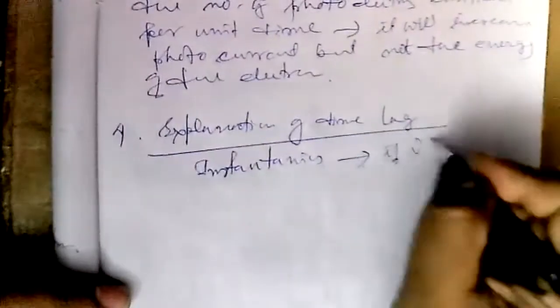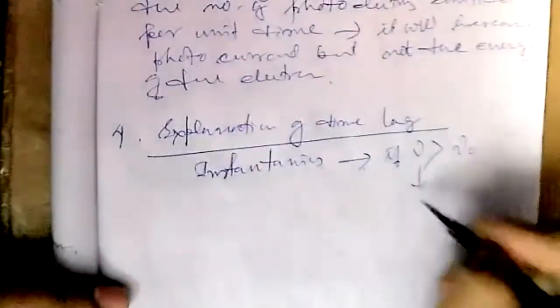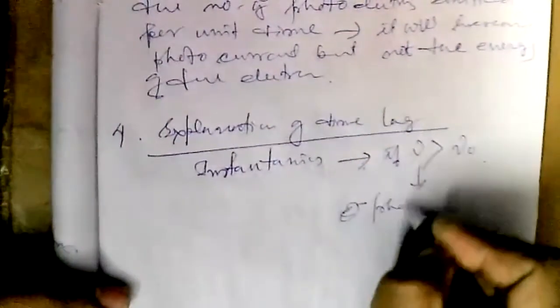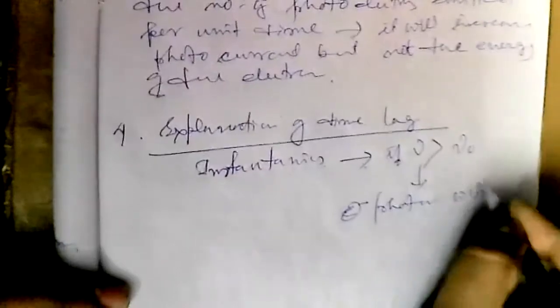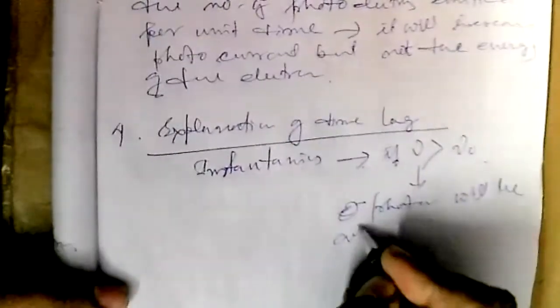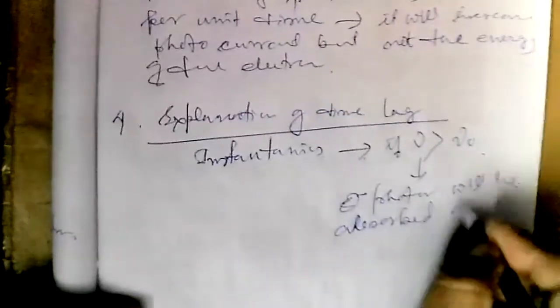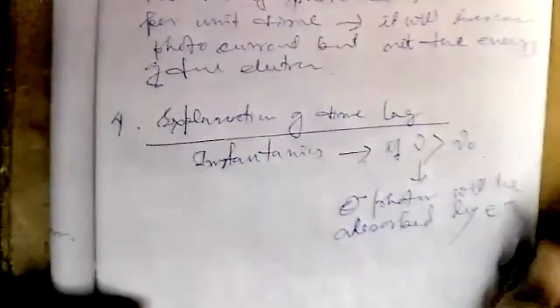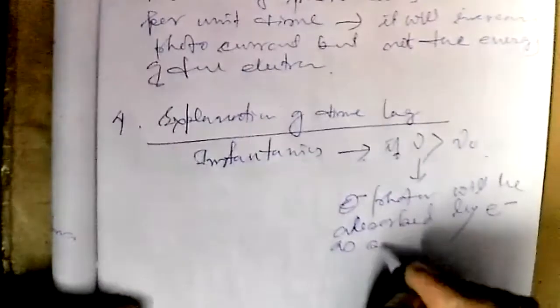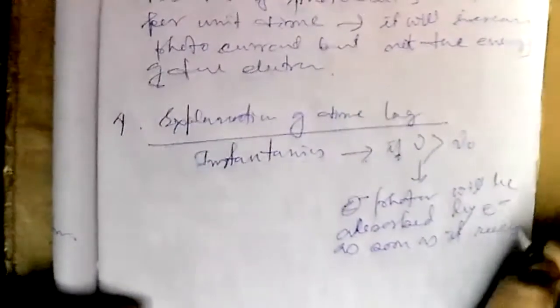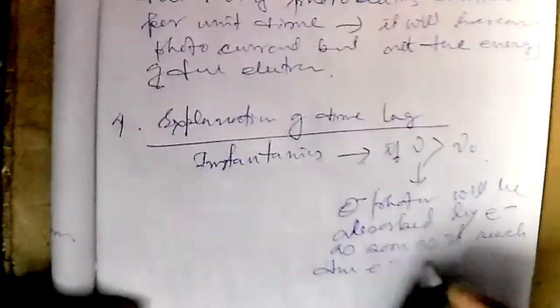If nu is greater than nu naught, the photon will be absorbed by the electron as soon as it reaches the electron.